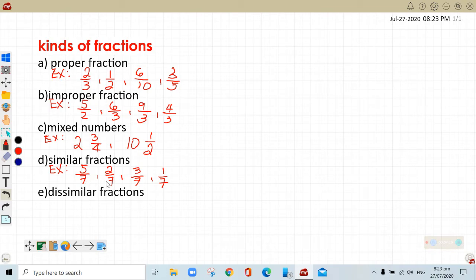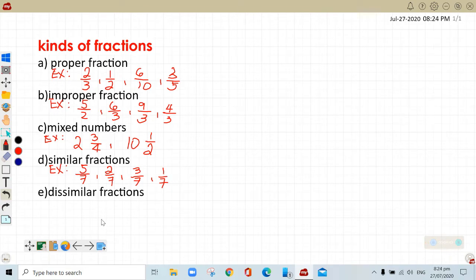Why? Because the denominators are the same. So you see, all of these fractions, the denominator is 7. So they have the same denominator, only the numerator changes. Okay, that's what we call similar fractions. Pareho ang denominator, ang numerator magkakaiba.